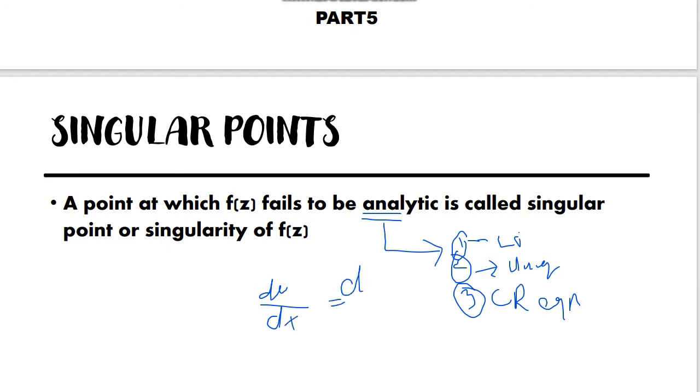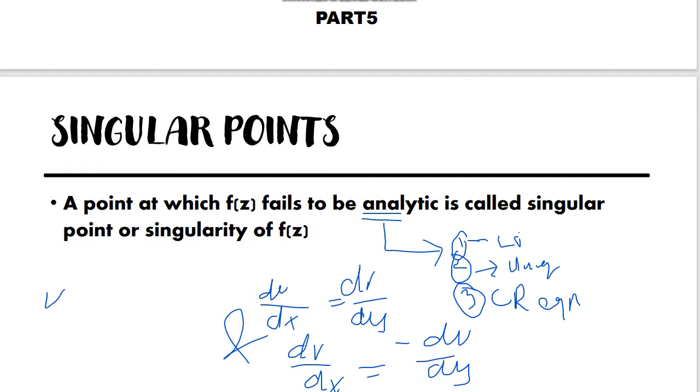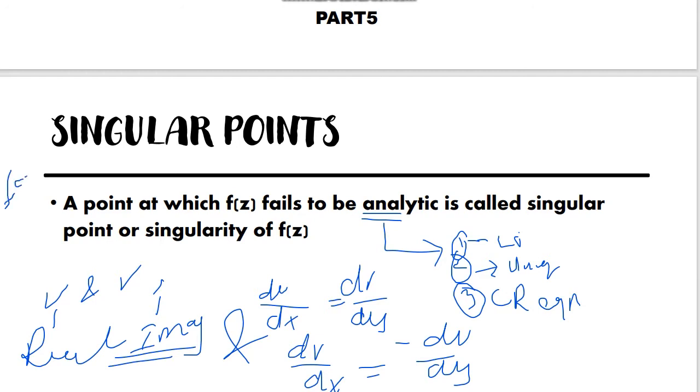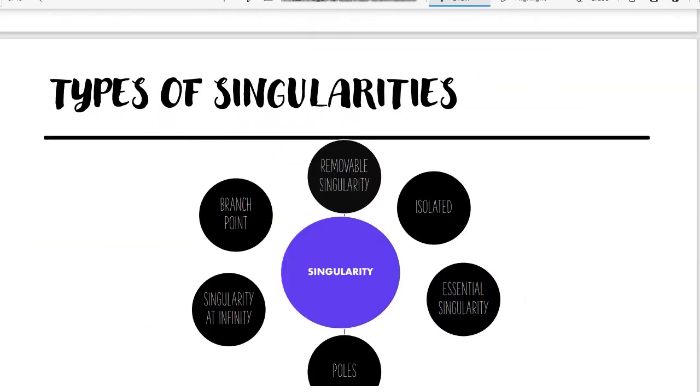That is, du/dx is equal to dv/dy, and dv/dx is equal to minus du/dy. u and v are parts of a function: u is the real part and v is the imaginary part. f(z) is represented as u plus iota v.